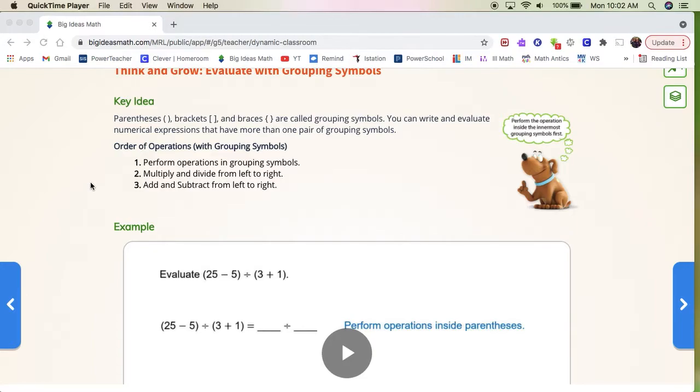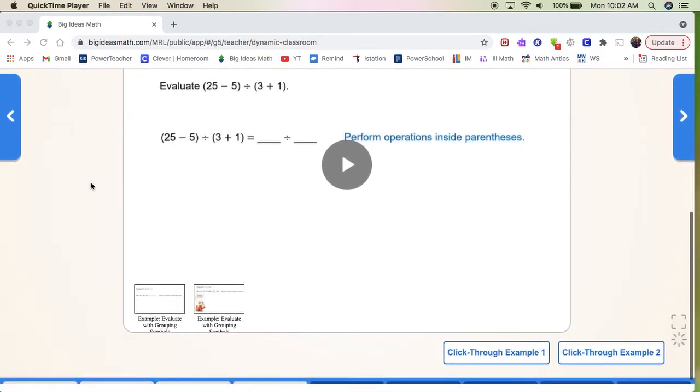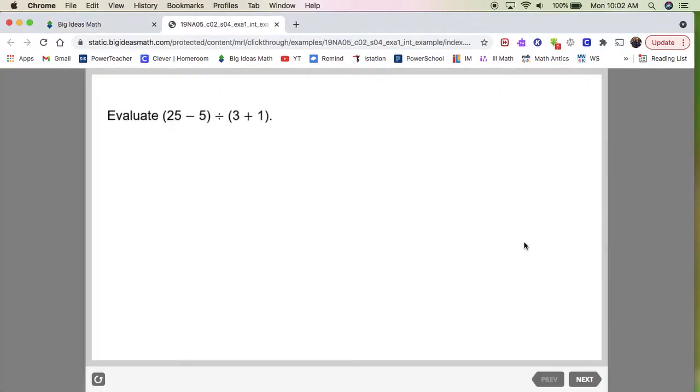So let's look at our first example. I'm going to click through example 1 here at the bottom. All right, and we're going to evaluate 25 minus 5 divided by 3 plus 1. Notice we have two sets of parentheses here, and so we're going to perform the operations inside of the parentheses first.